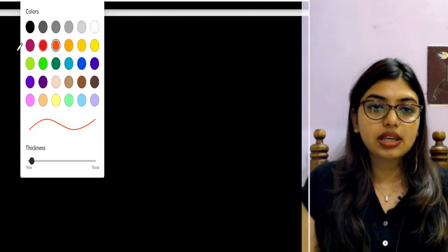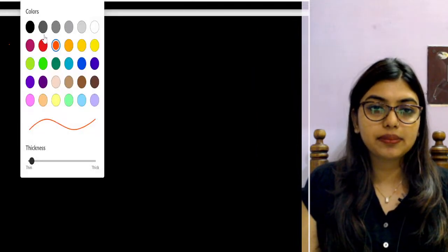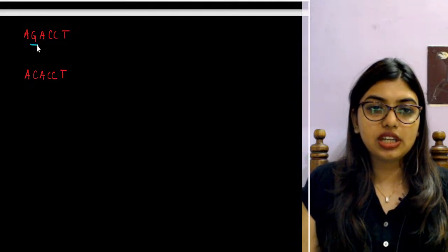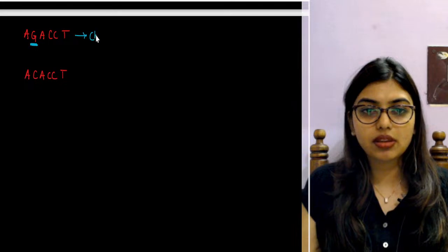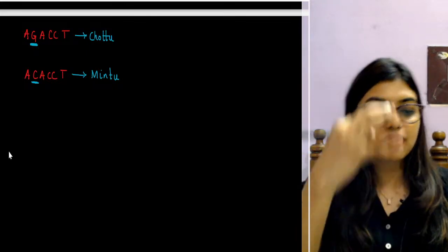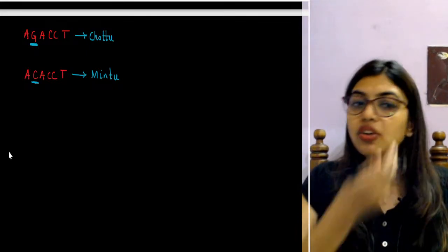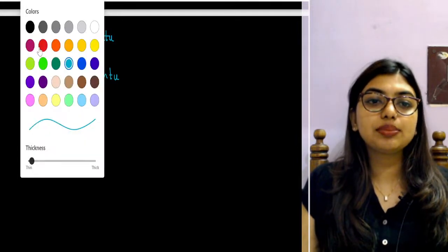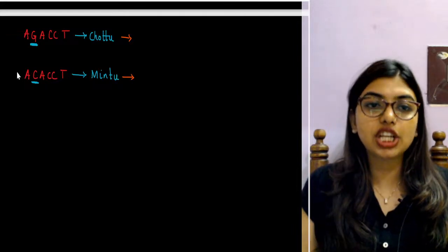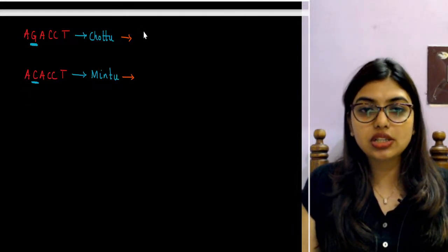Now let's say this G is present in Chota Beam, and this C is present in Mintu. Now can you see this G to C made so much of difference for all of us? Understood? It made everything different, be it from the hair texture to how we look, everything changed from this G to C. So this is called SNPs.